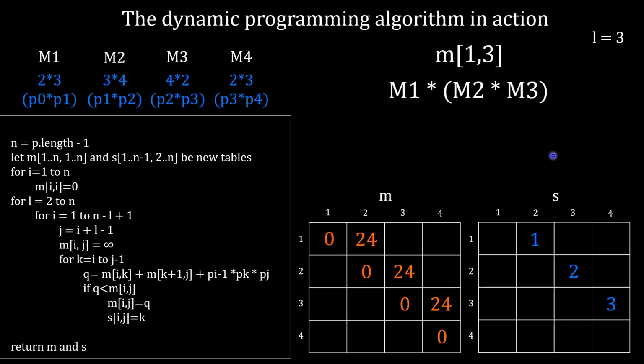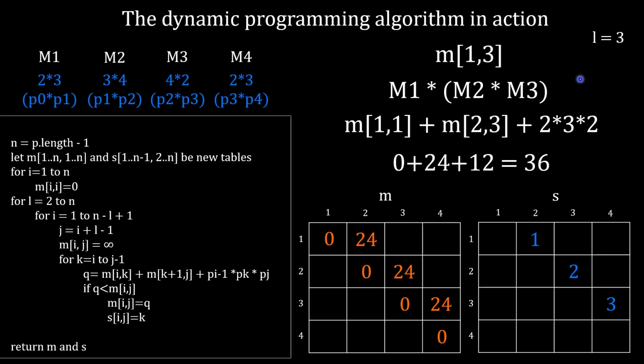We need to try different combinations for this, because there's going to be 2 combinations in this scenario. So we need to multiply matrix 2 by matrix 3, and then the result of that by matrix 1 in this specific combination. We can see that we can use subproblems that we've already calculated in our calculation, rather than having to recalculate everything again. So that gives us an answer of 36.